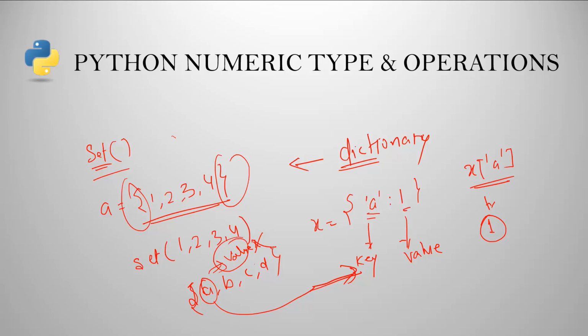As per the definition, these sets are unordered, unique, and immutable.